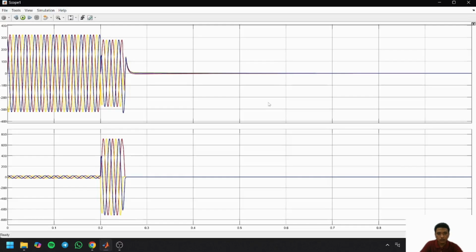This is the plot for the system. You can see here the fault occurs at 0.2 second, and after some time the current and voltage turn to zero. This is the result of the circuit being opened by the circuit breaker.